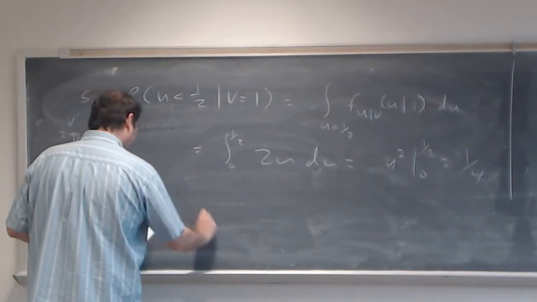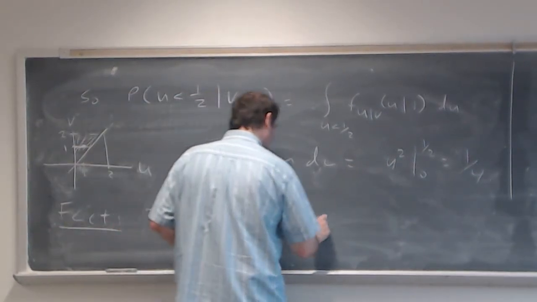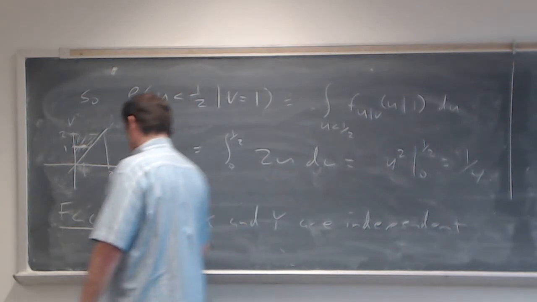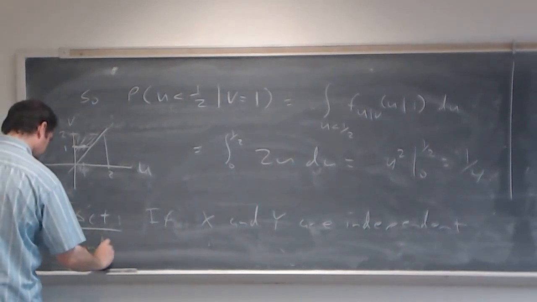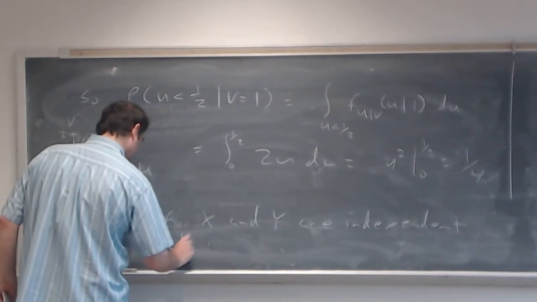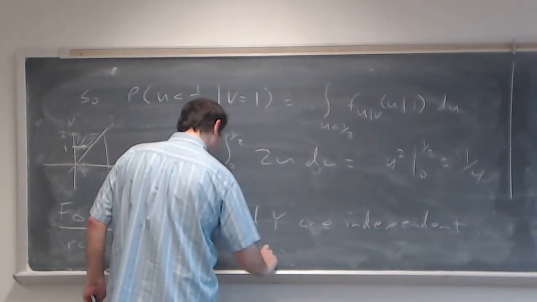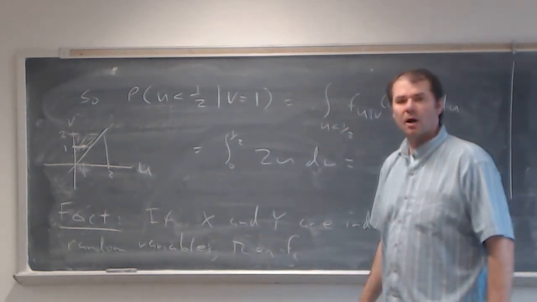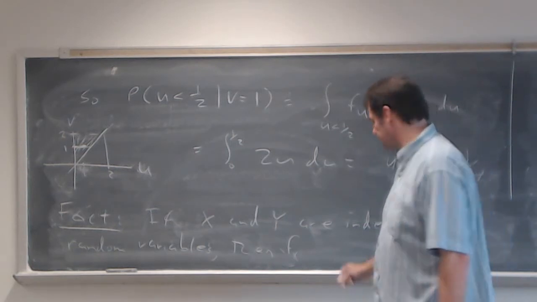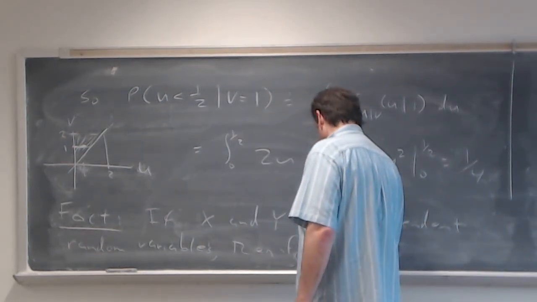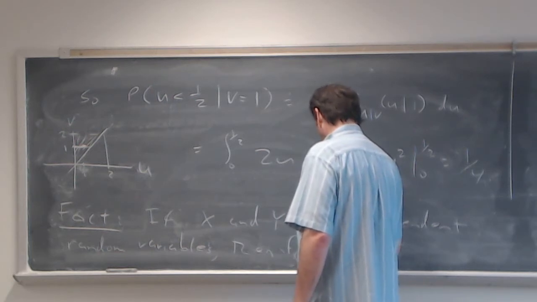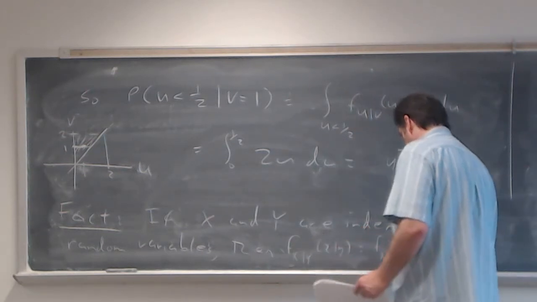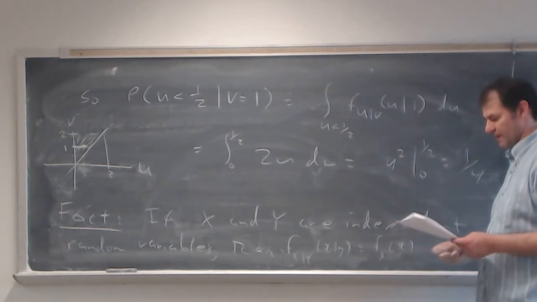If x and y are independent random variables, then the conditional probability mass function or conditional probability density function of x given y will just be equal to f sub x of x, the probability mass function or probability density function of x.